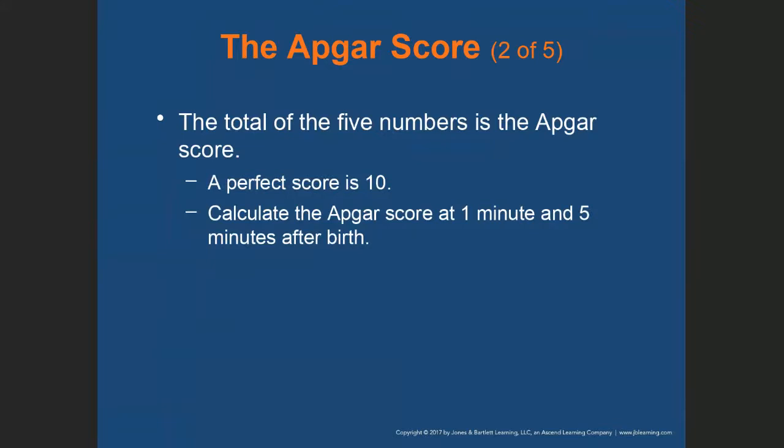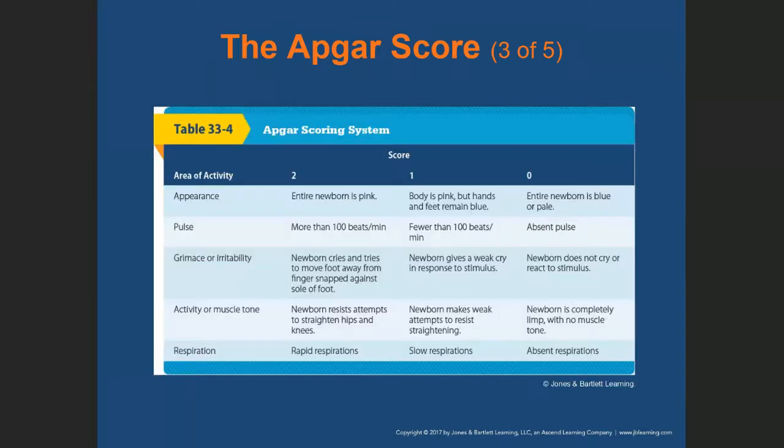The total of the 5 numbers is the APGAR score. A perfect score is 10. Calculate the APGAR score 1 minute and 5 minutes after birth. And there's a table showing what exactly you're looking for. Pay attention to that.